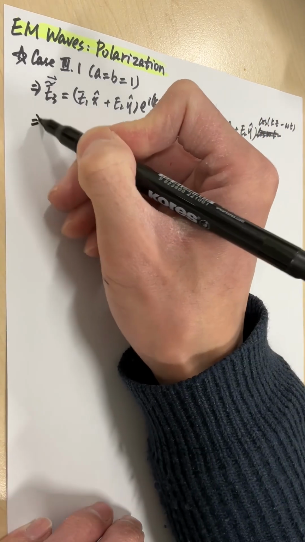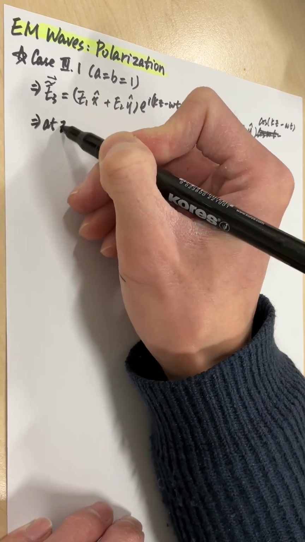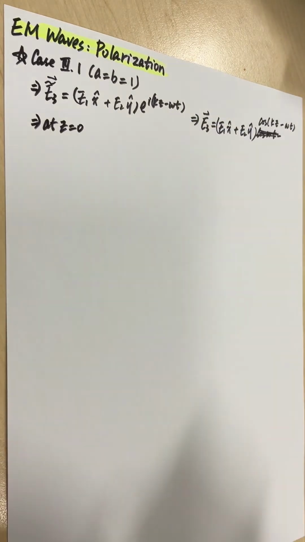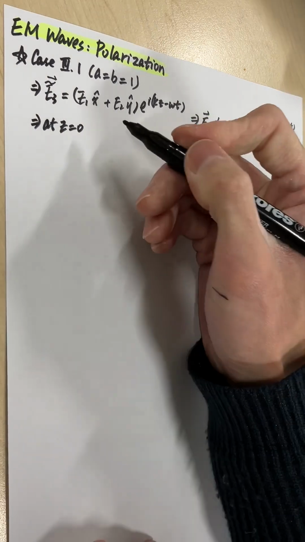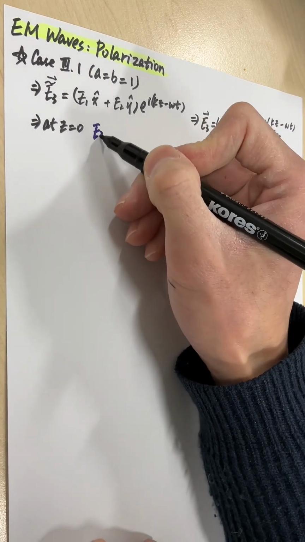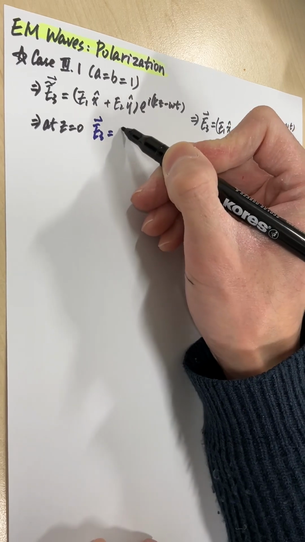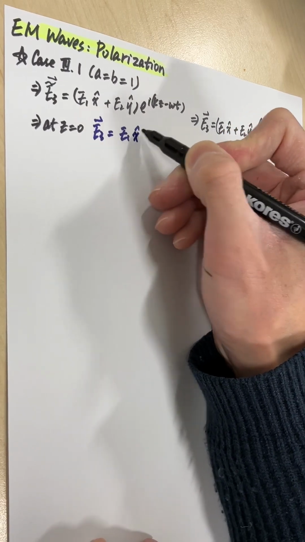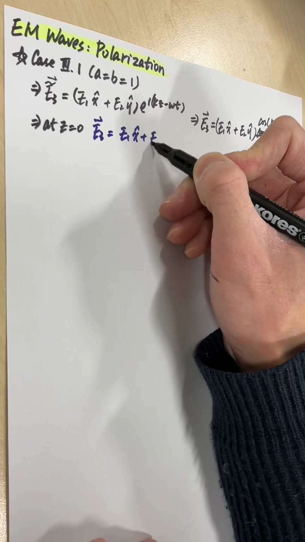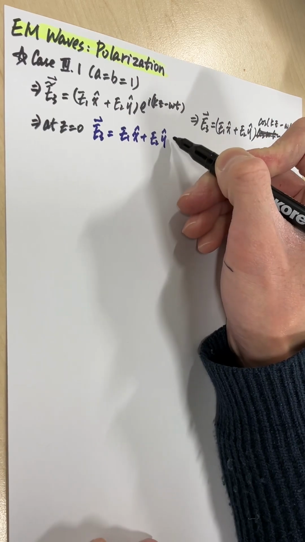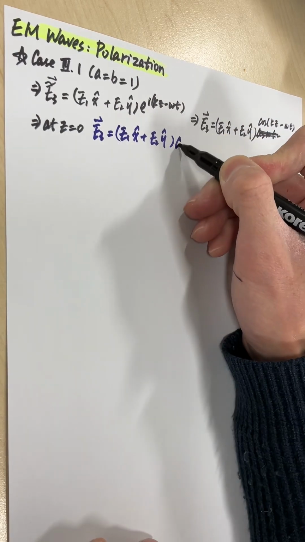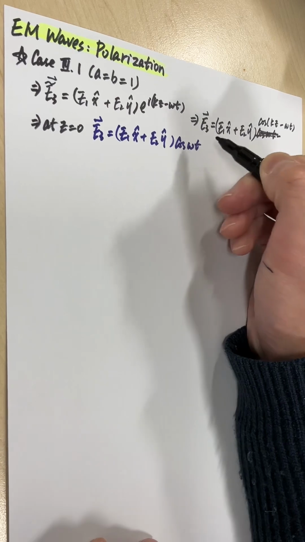So at z equal to 0, what do we have here? We have E3 equals E1 x direction plus E2 y direction, and then cosine omega t.